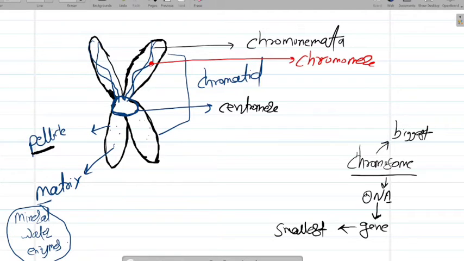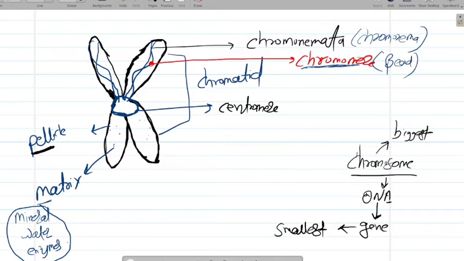Now if you go into the depth of a chromosome, this is the thread-like structure you can see, and I have diagrammed it as chromonema. The thread-like structure inside the chromosome is called chromonema, and the bead-like structures found on the chromonema are called chromomeres.